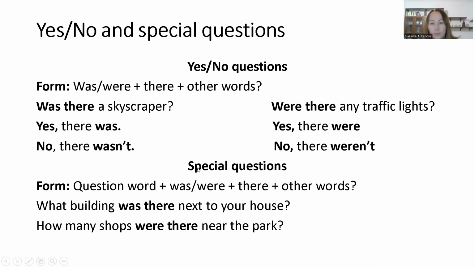In special questions, again the same structure, but in this case, we put in the first place the question word, then was or were, there, and then other words. For example, what building was there next to your house? So it's a WH question, right? The question word is what. What building was there next to your house? How many shops were there near the park? And so on.